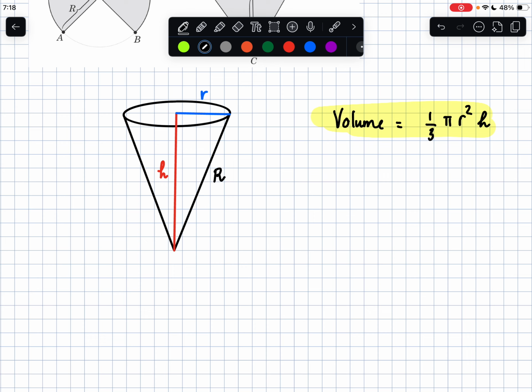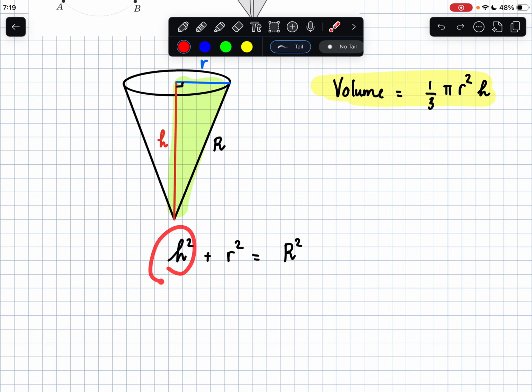You have this right triangle. So you can write down r and h in terms of the big radius R by the Pythagorean theorem for this right triangle. You have height squared plus small radius squared equal to big radius squared.